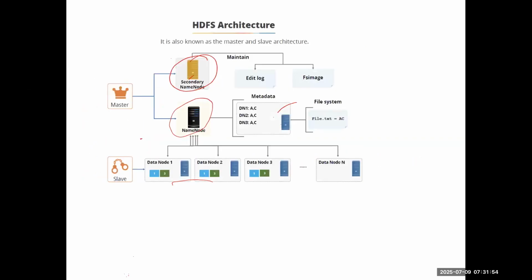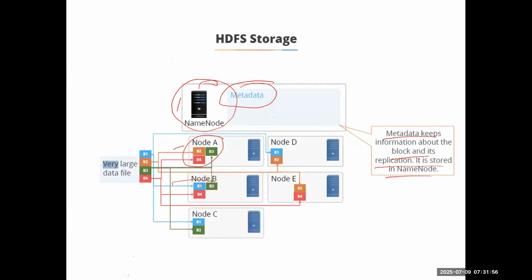For example, in the name node we keep information like A is on node 1, node A, node D, and node E, something like that. This we call the metadata.